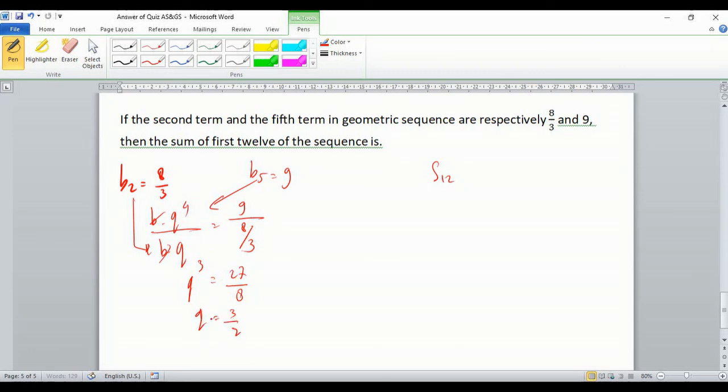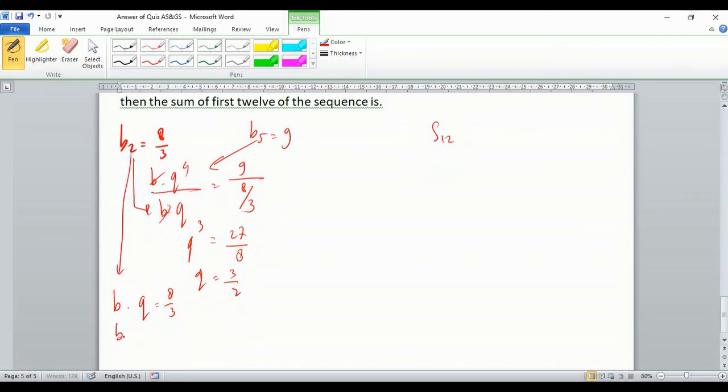We have the ratio, and then we need to find the b. Okay, for b, we are using this one. B k equal with 8 over 3. So this one is b times 3 over 2 equal 8 over 3. So this one is to be b equal 16 over 9.